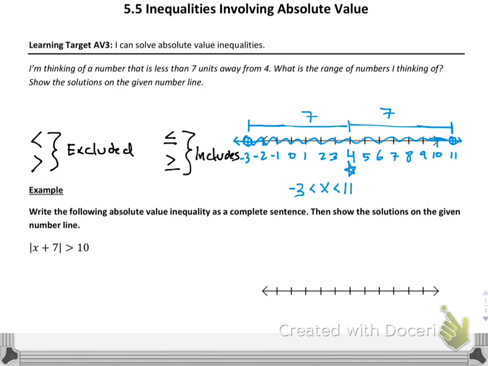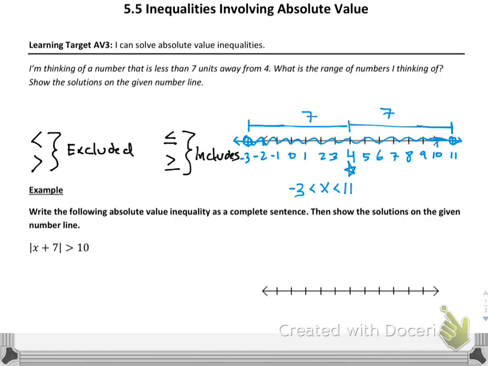It says, write the following absolute value inequality as a complete sentence. Then show the solutions on the given number line. So again, absolute value is the distance. And so this is saying the distance between a number and -7.